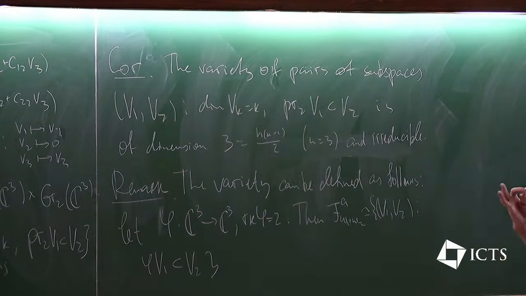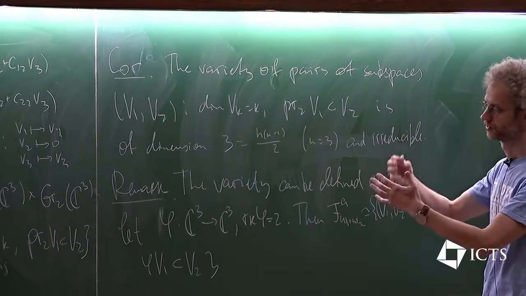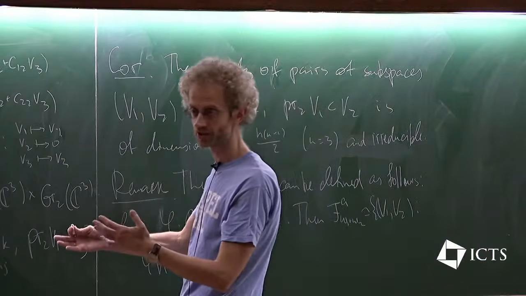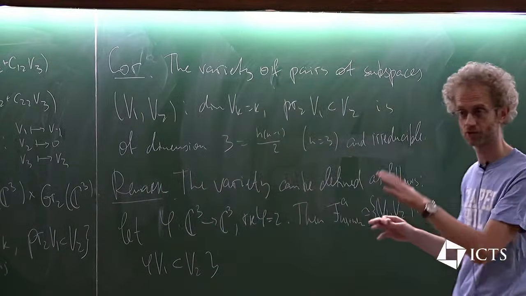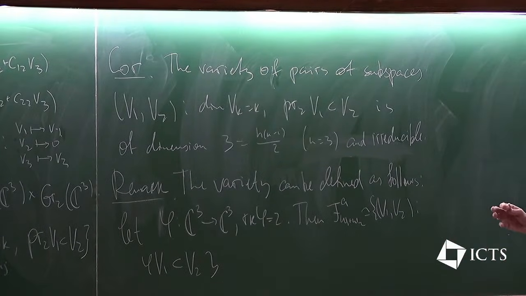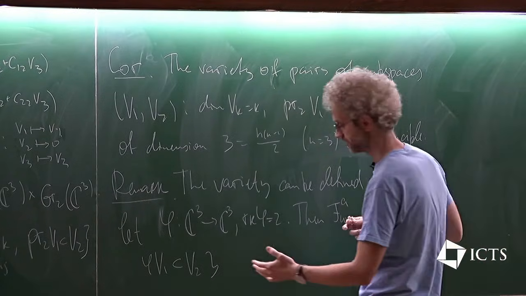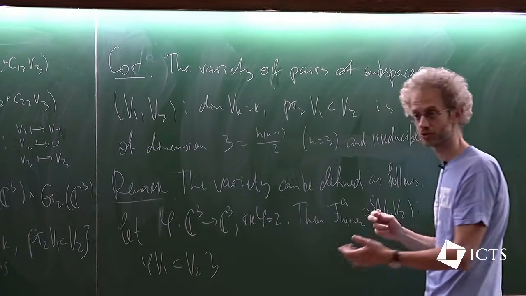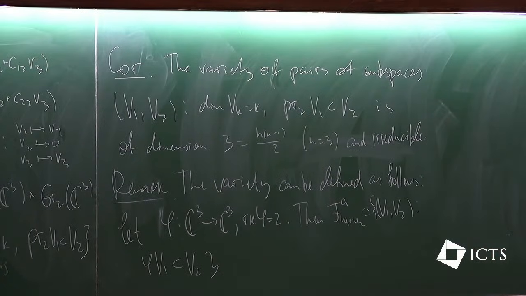So V1 is one-dimensional, V2 is two-dimensional. Here we made some definitions: we fixed a basis V1, V2, V3, and therefore we get a very concrete realization. However, whenever you have a map of rank 2, you have a kernel, and this kernel is the projection. Actually, this remark will be important later, since this is somehow a kind of base change for the quiver representation. We'll see that later.